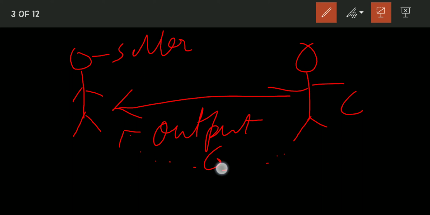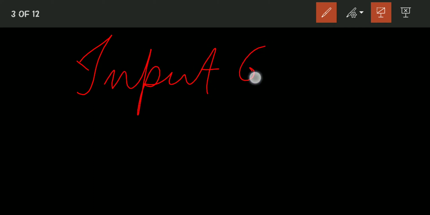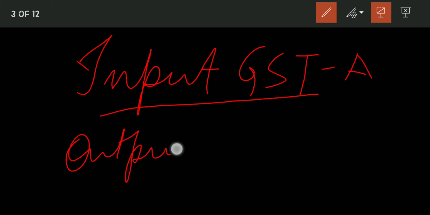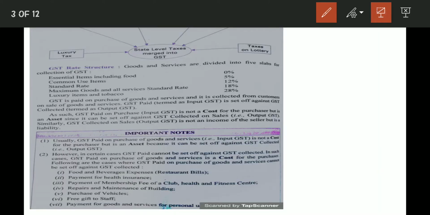Input GST is treated as an asset and output GST is treated as a liability.